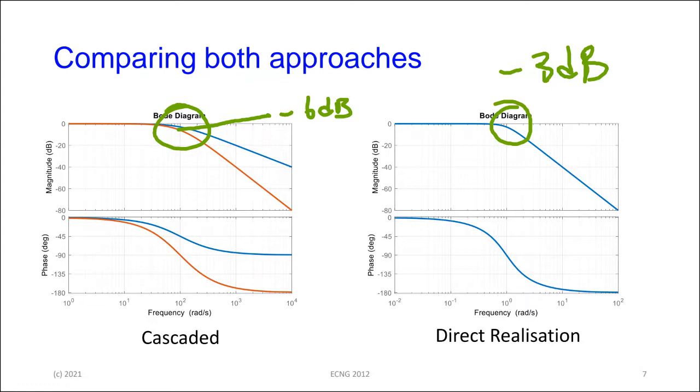So 30% is attenuated by the time it goes through the first, and you have about 70% passing through. And then when you hit the second filter, it lops off another 30% of that. So every time you cascade a section, you're going to lose a particular percentage of what went before. Okay? So just bear that in mind.